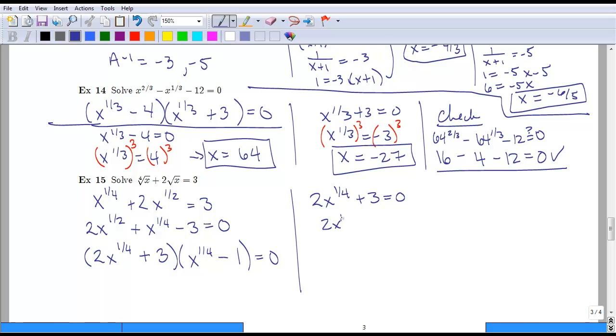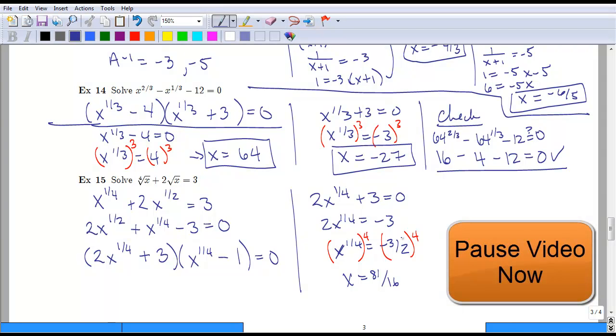Subtract the 3 over, divide by 2, and the last step to get rid of the 4th root is to raise both sides to the 4th power. And in this case, we end up with x being equal to a positive 81/16 if you raise both of those, numerator and denominator, to the 4th power.